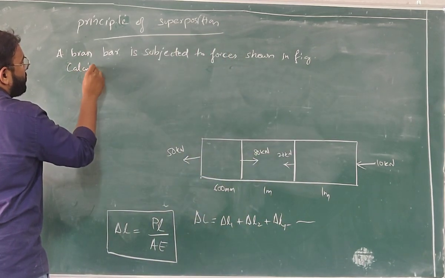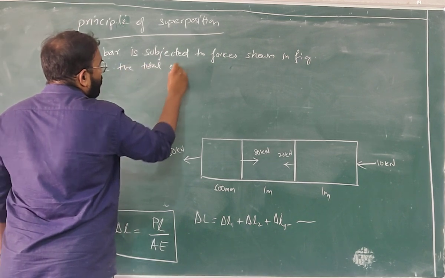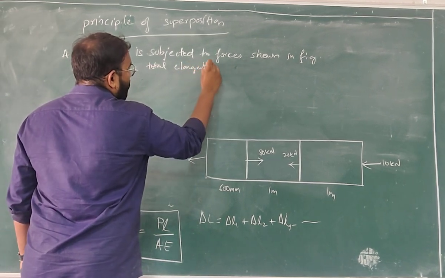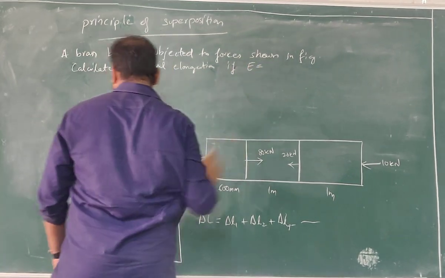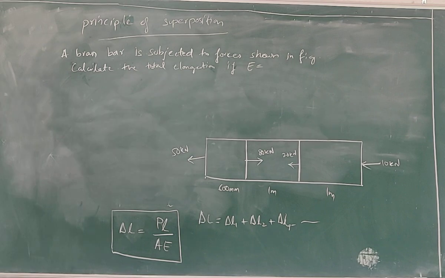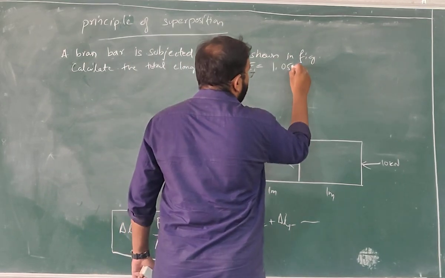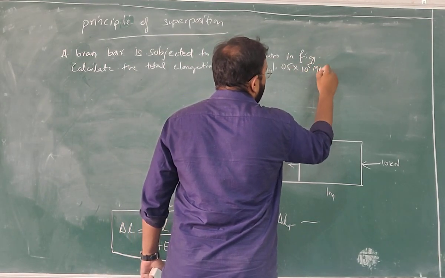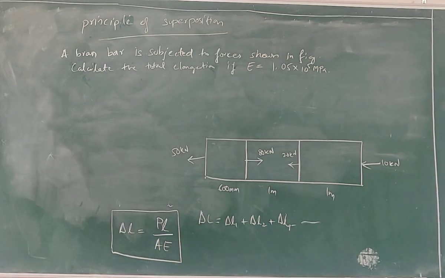Calculate the total elongation if capital E, Young's modulus of brass, is equal to 1.05 times 10 power 5 megapascal.